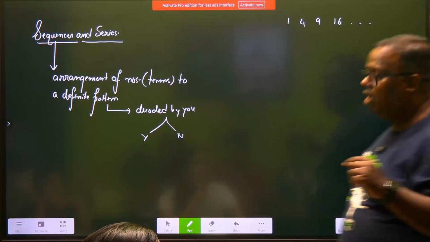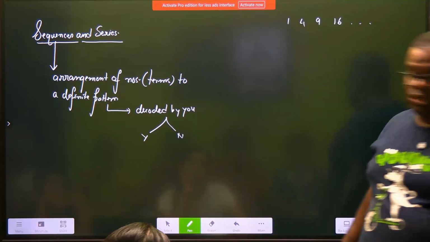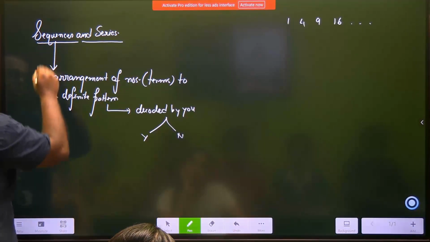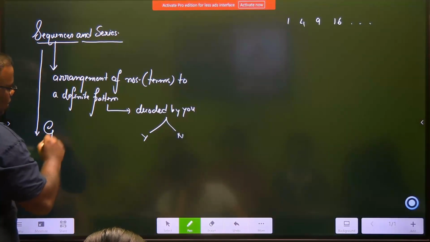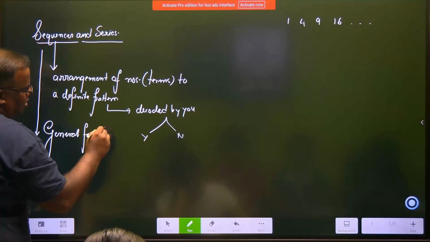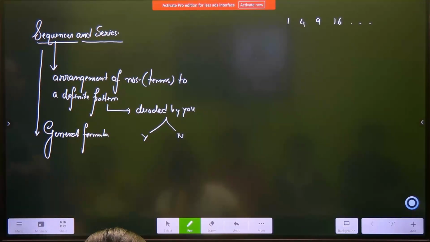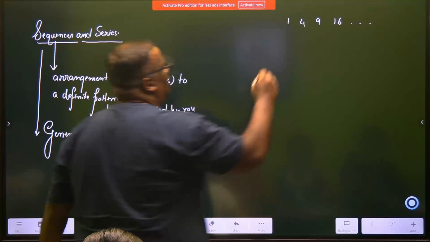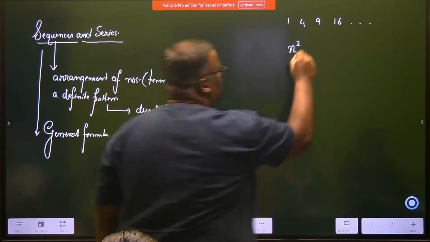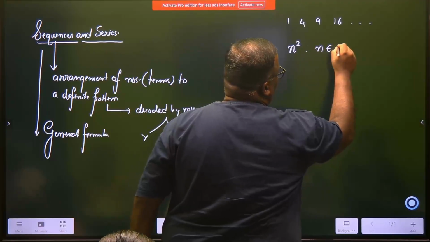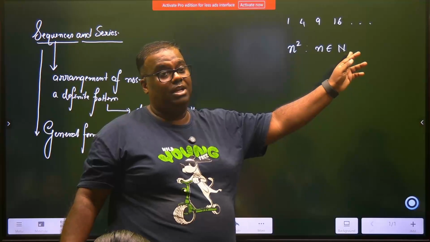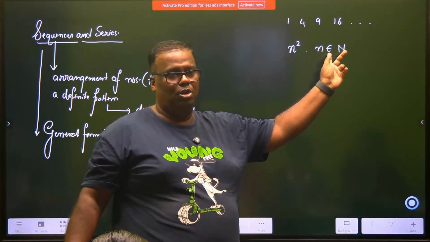Okay. Now arithmetic is not being discussed yet, just sequence. It's called a sequence, and when you have a sequence, then you can always allocate something known as a general formula to a sequence. If you see the general formula here, we say that the general formula is n square, such that n belongs to N. Capital N stands for natural numbers, and this is 'belongs to'.